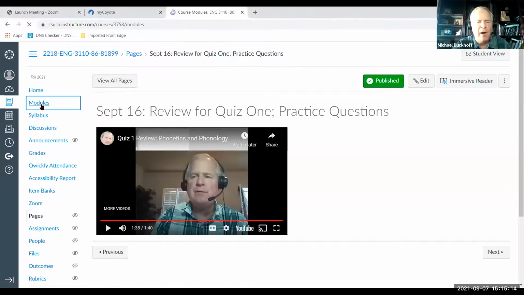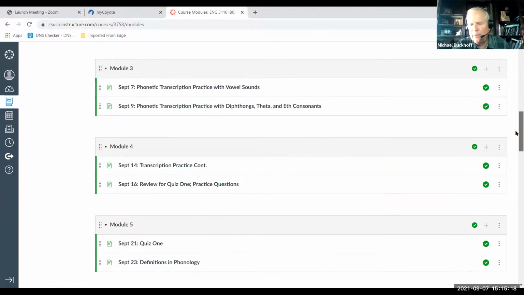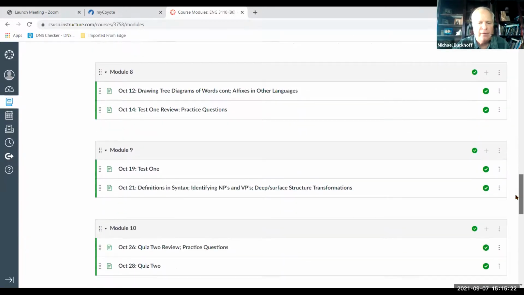If I go back to the course, I'm going to show you what we're doing next time. Okay, hold on a minute. Let me share. Right, so I'm just going into the modules. The modules and the syllabus kind of keep me focused, and the modules are designed from the syllabus, by the way. They're interconnected.